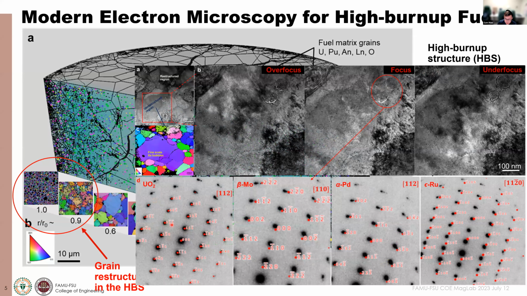In a traditional manner, a full length-scale characterization is very lengthy, because you have to spot different regions. For example, in figure B here, you see over- and under-focusing to reveal these xenon bubbles, but the bubbles vary across length scales.